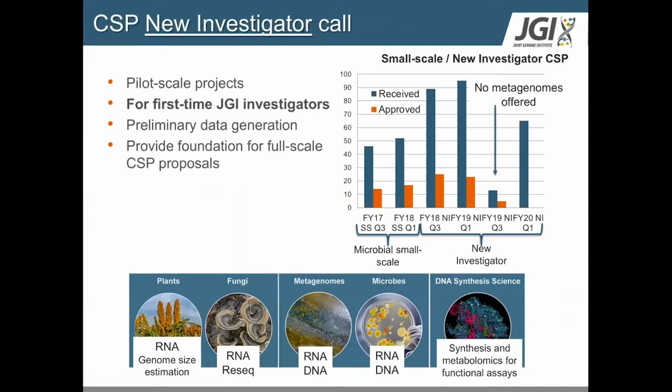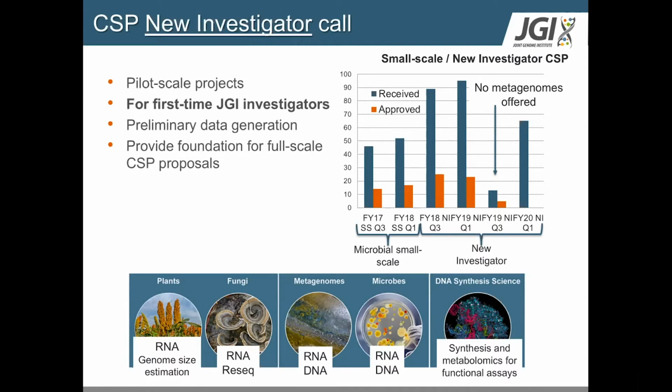The other program call that I wanted to highlight was the new investigator call. Here the emphasis is really to favor first-time investigators that have never had a funded proposal through the JGI before, so it really targets early career scientists. The objective at the end of the day is preliminary data generation.